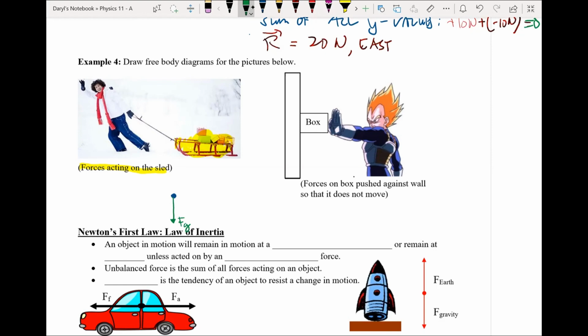If the object is moving, let's say for example it's moving in that direction, to the left, friction would be to the right. So this would be the friction. This is my Ff.